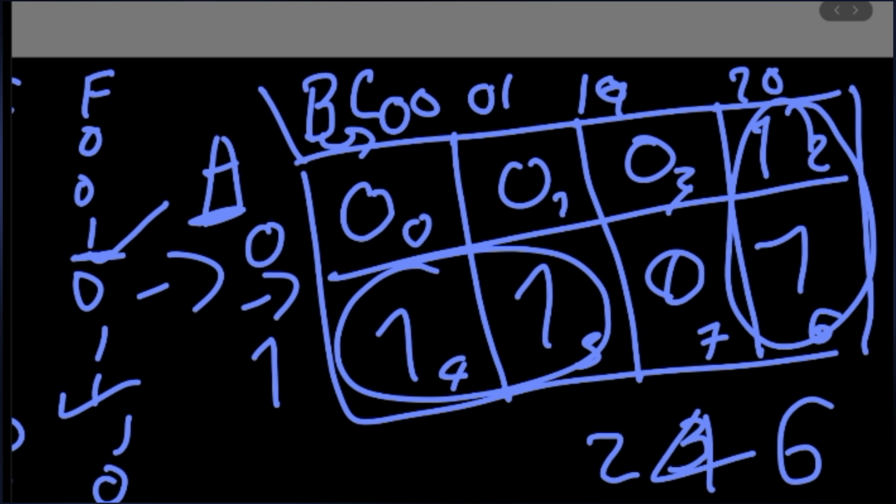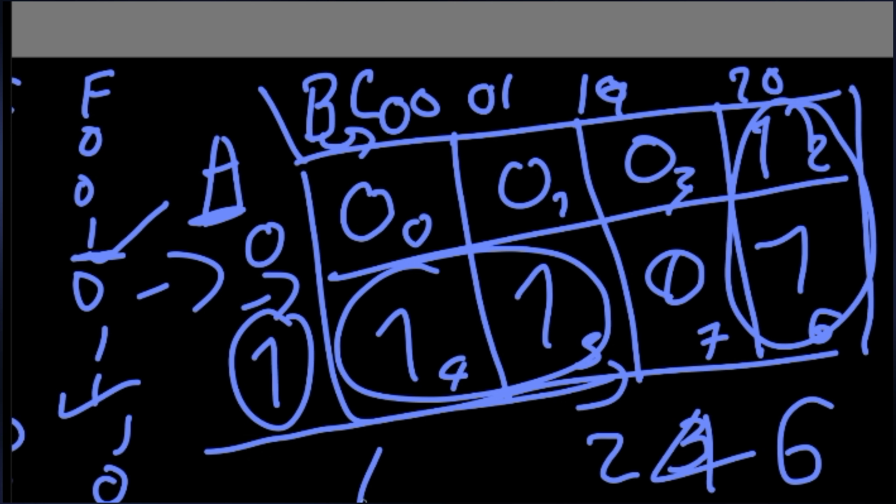After grouping, we get another rule, that is about the change. So here A is 1, for A is 1 there is no change, so it becomes A. In B and C there is a change. Here B has not changed from 0 to 0, but C has changed from 0 to 1.